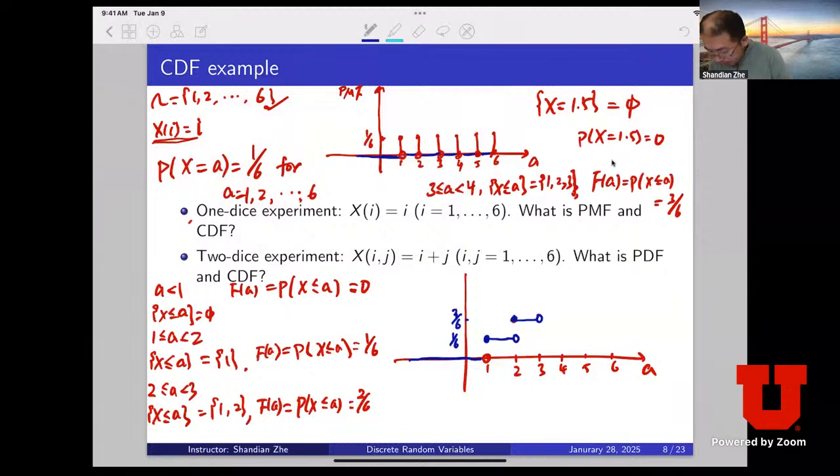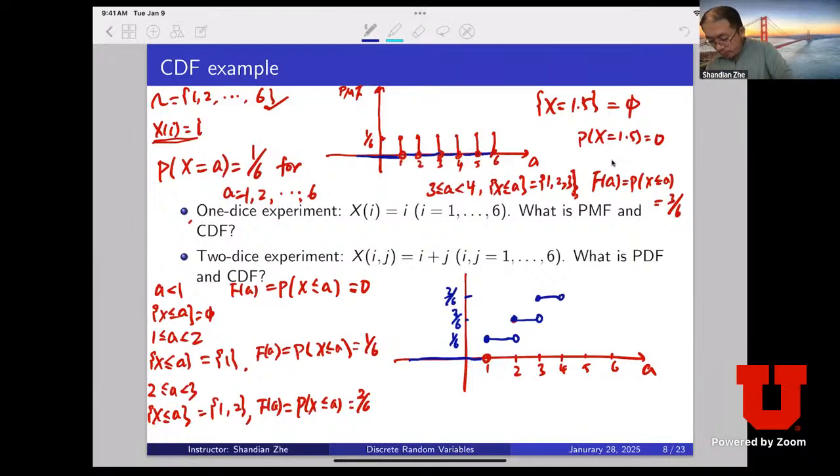So in this interval, we're going to jump again. We got 3/6. Okay, so we can continue. It's a little bit tedious, but it's good for us to use that to practice our understanding, right?